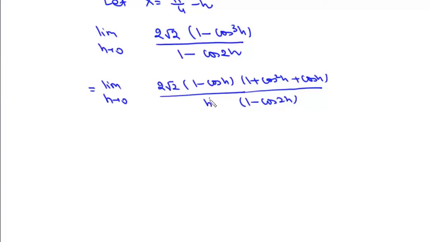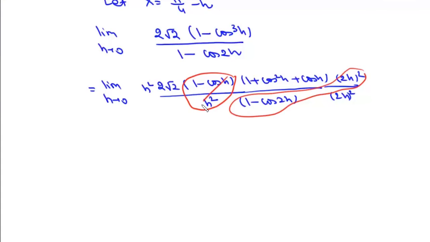Now for this, we'll multiply and divide everything with h square, and for this, we'll multiply and divide it with 2h square. Now this is 1 by 2. This also is 1 by 2, which will cancel. Now h square and h square will also cancel.